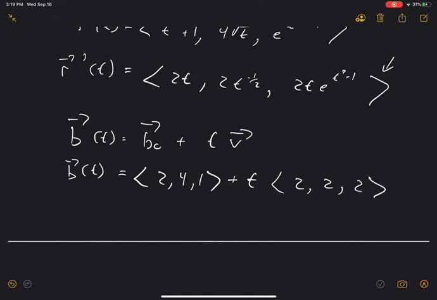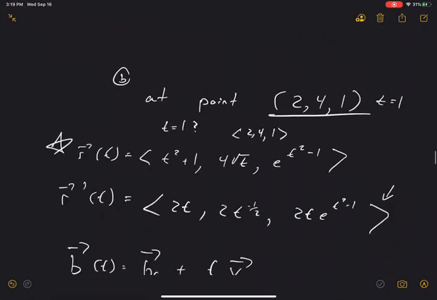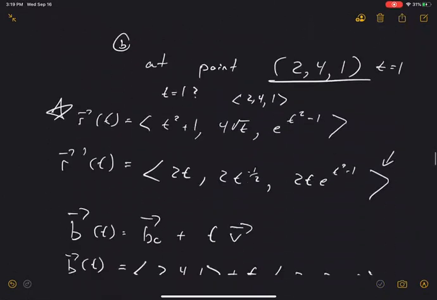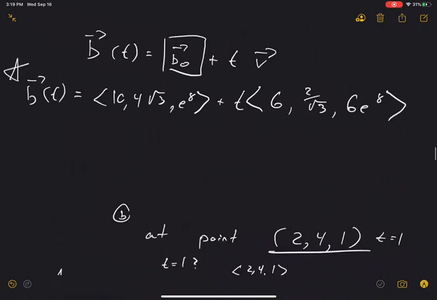So I get 2, 4, 1 plus t times 2, 2, 2. And that is the equation of my tangent line. Now, we have two different tangent lines, right? So these are two different tangent lines at two different points on our graph. That's why we have two different equations here.